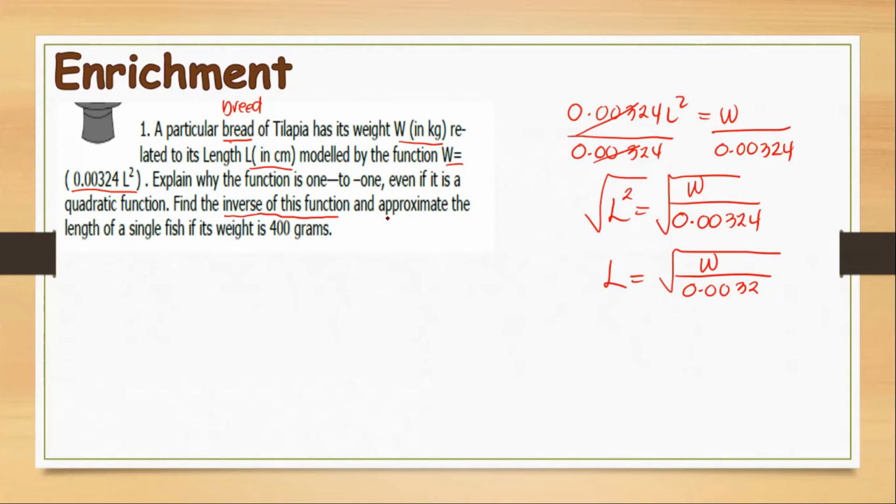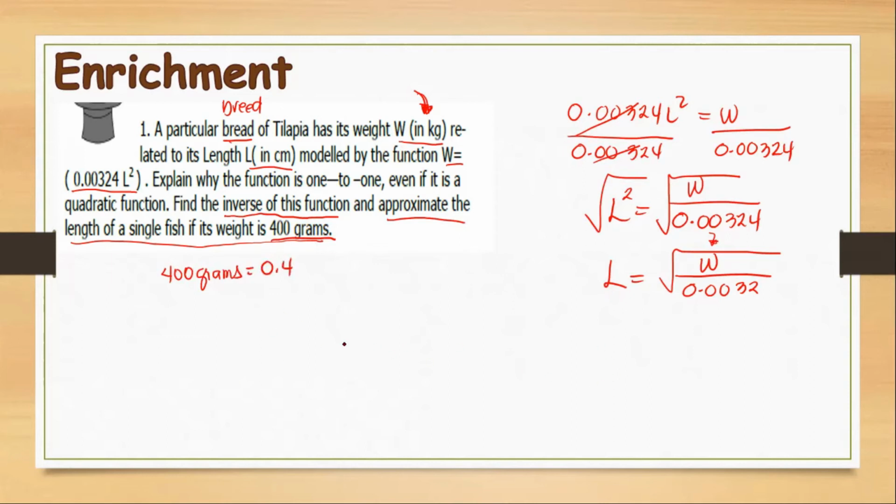And so, approximate the length of a single fish if it weighs 400 grams. All we're going to do is substitute 400 to the equation. But take note that the weight is in kilograms, and 400 grams is equivalent to 0.4 kilograms.